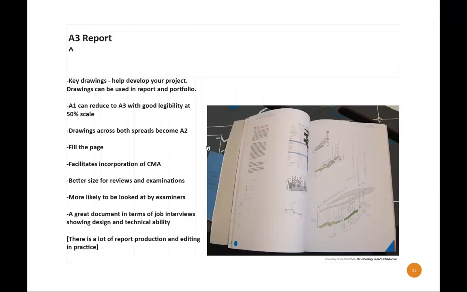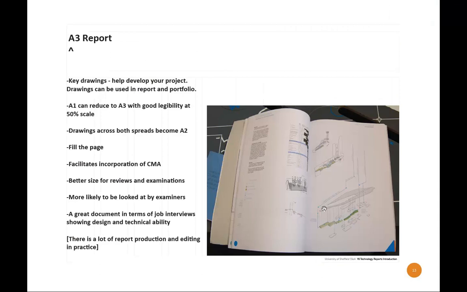Okay. So the report is A3. And this is really important. We used to allow A4 reports, but the A3 I think is much better. It allows you to develop key drawings, and we're very much looking for key drawings in the report.